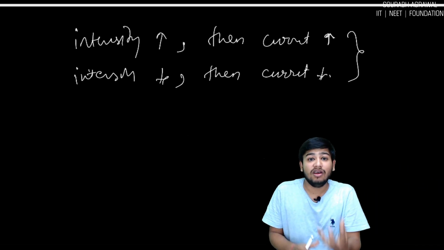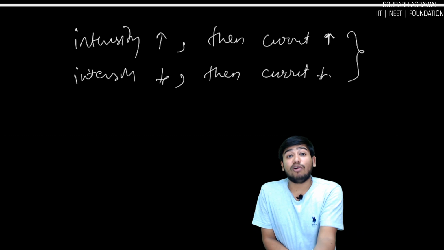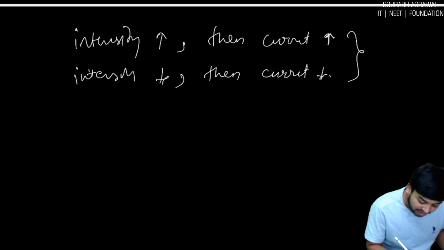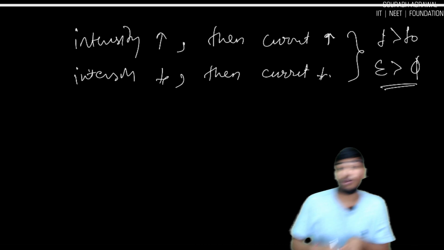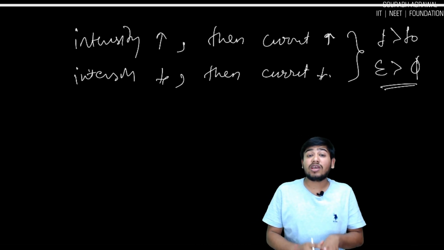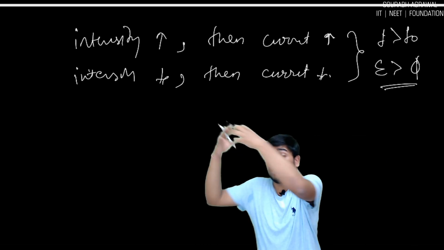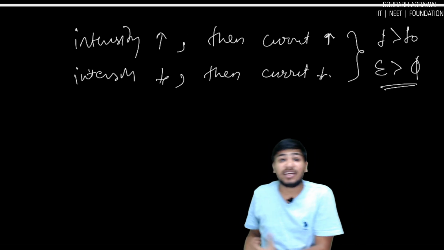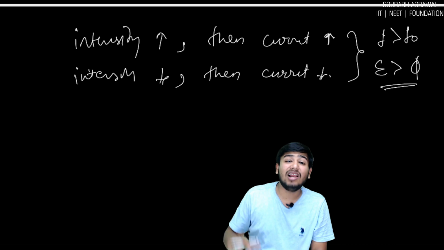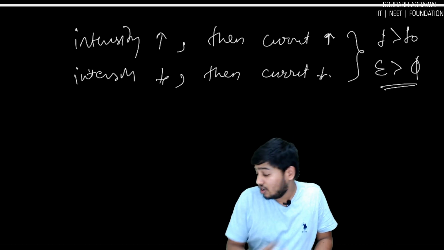When frequency f is greater than f naught, or you can say when energy is greater than the work function, then only we are talking about it. We are only talking about the useful photons. When you are imparting useful photons, if you increase the intensity, then current will increase. If you decrease the intensity, then current will decrease. Is that clear to everyone?